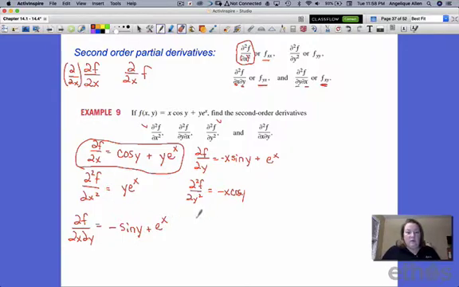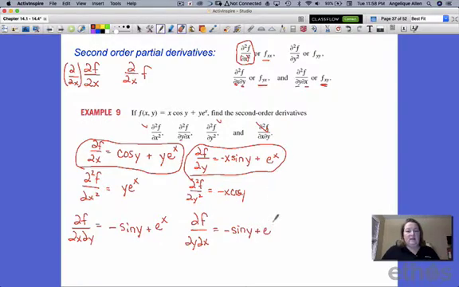And then we're going to do the partial derivative of f. Over here I did that one, and now we got to do the one with y first. dy first, so we'll use that as our first derivative. And then with respect to dx, so here, negative sine y is a constant multiplied by x, and with respect to x is e to the x.